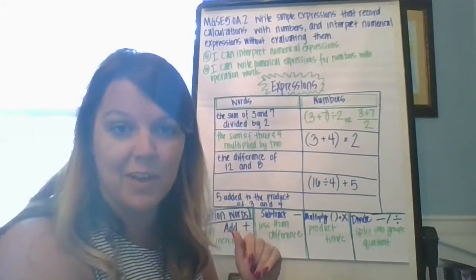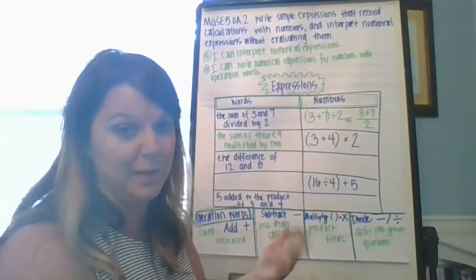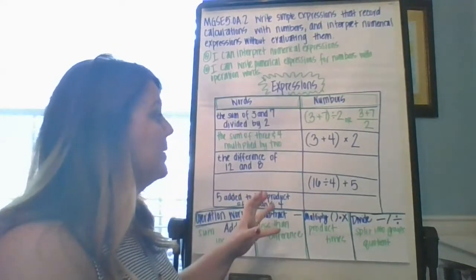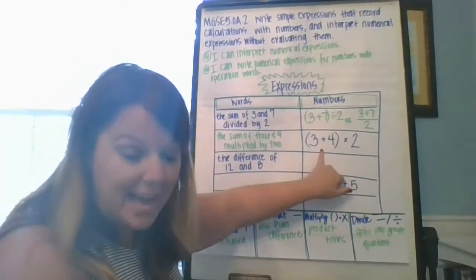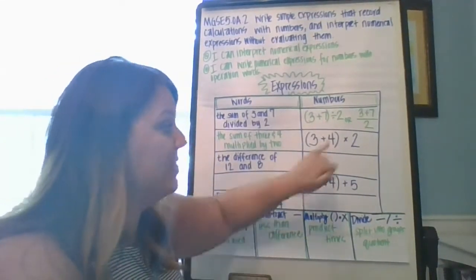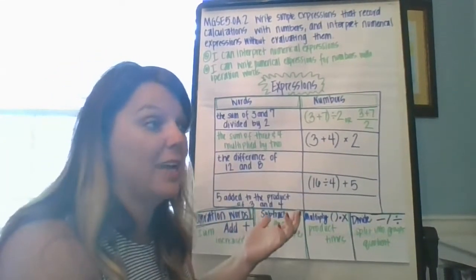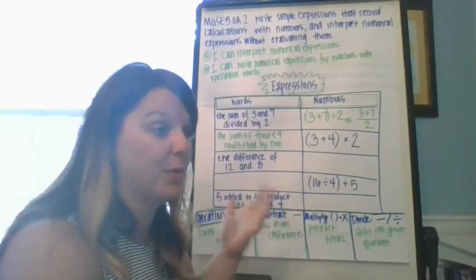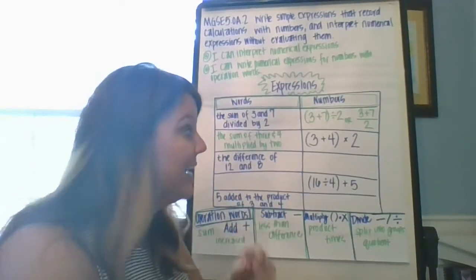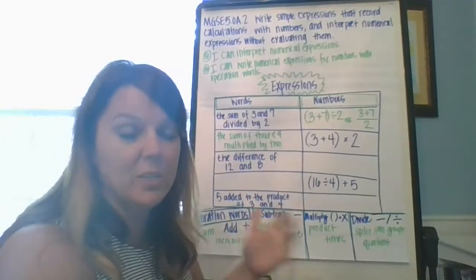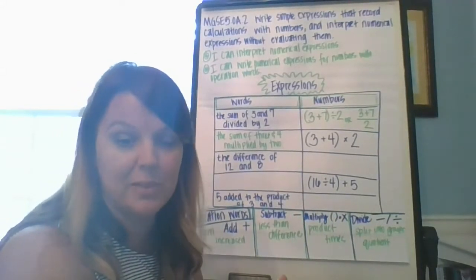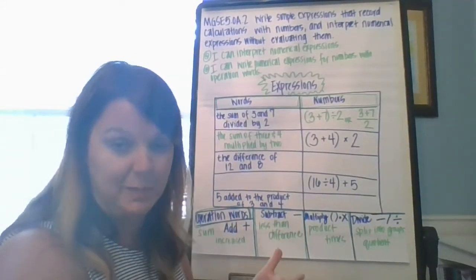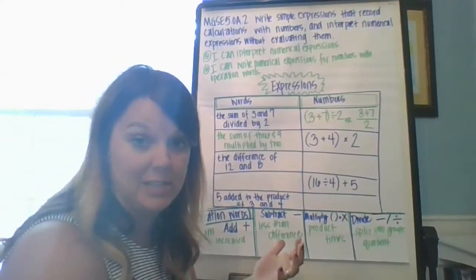Don't try to use a lot of fancy words and then lose your meaning, okay? So you just want it to be clear that people are supposed to add 3 and 4 and then multiply by 2. So you could actually say add 3 and 4 and then multiply by 2. So just be very specific with your words as to what order it should be done in. Otherwise, you're going to get a different answer.